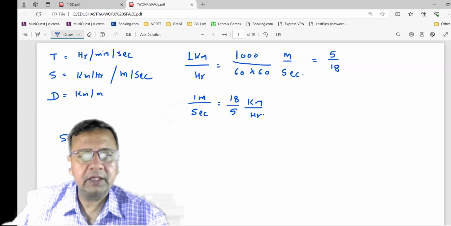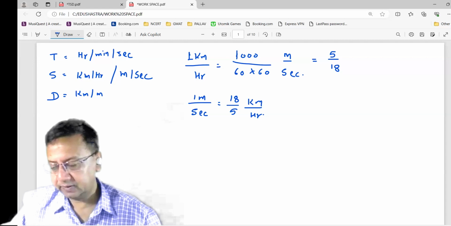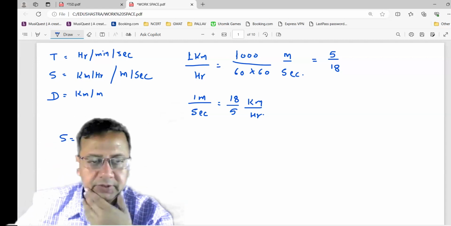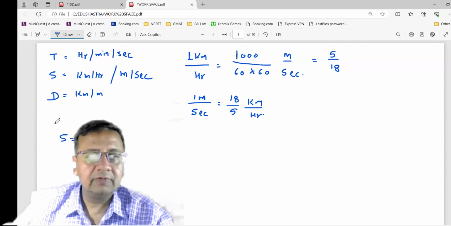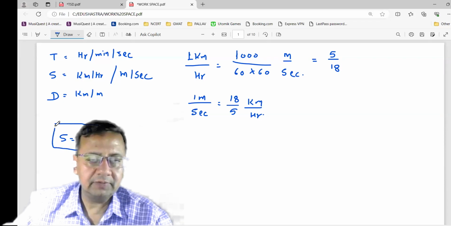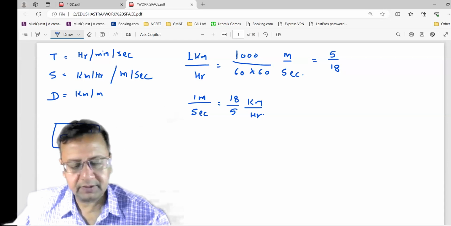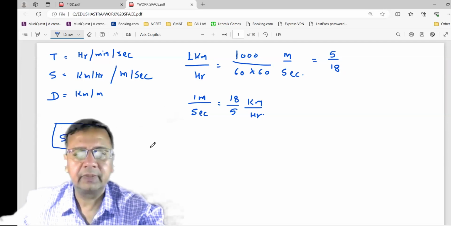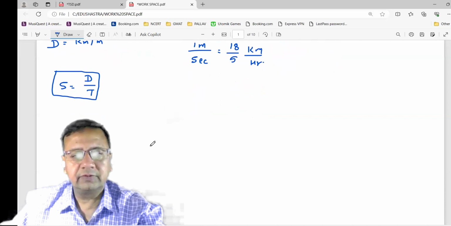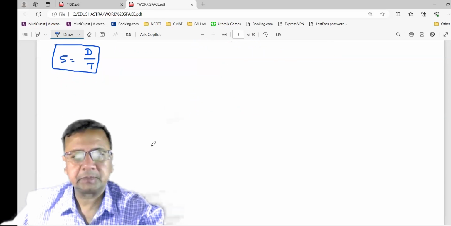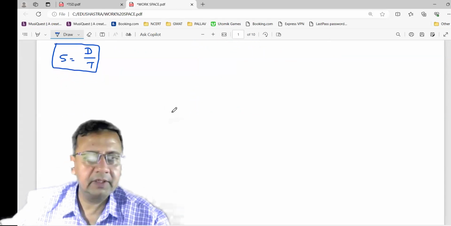So just one thing, that is distance upon time, right? But when you're talking about the examination questions, the examination question will not be on this formula, right? They will be based on logic. So we'll be checking all this logic. Moving further for this part, now we have three variables.